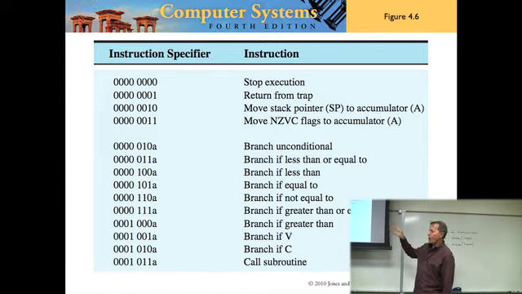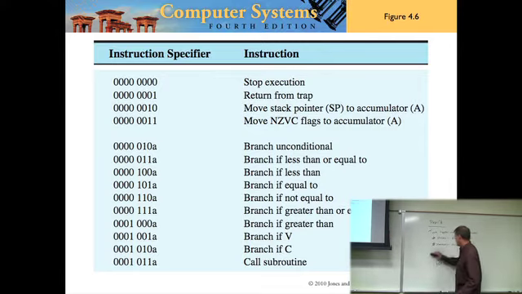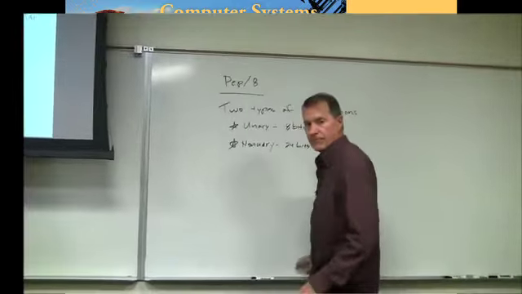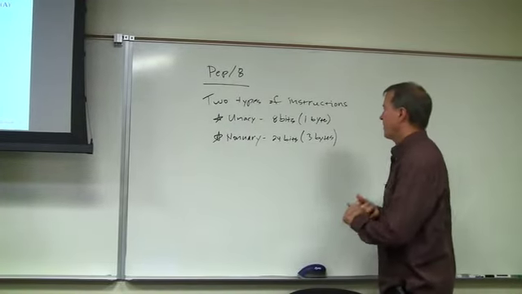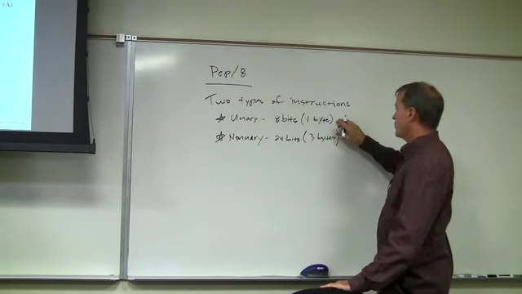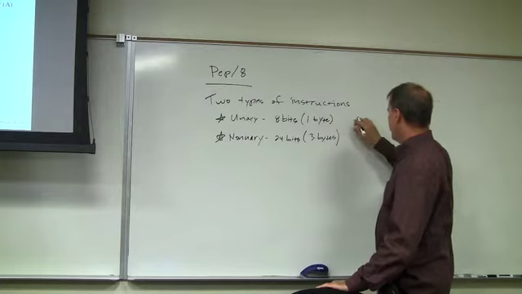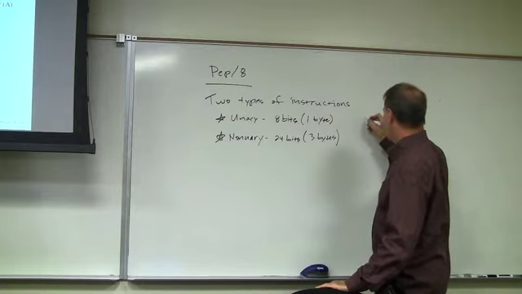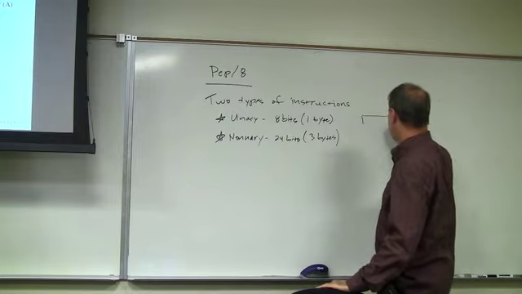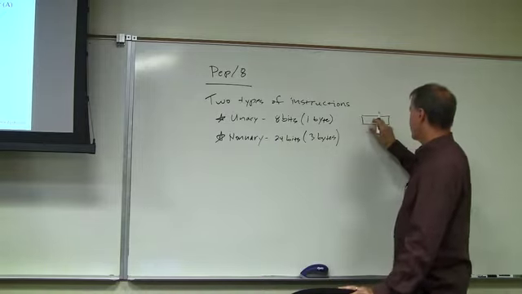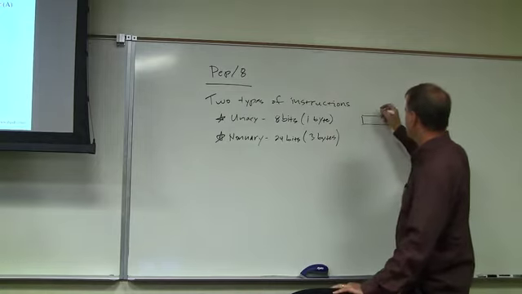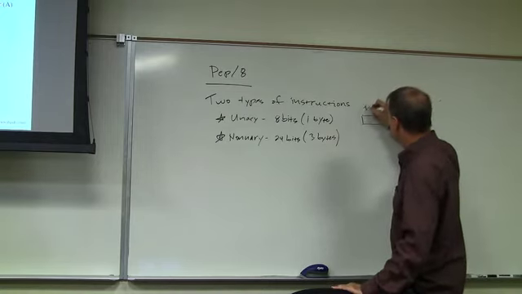Each instruction always has, let's go back to here. A unary instruction has just this first byte, which is called the instruction specifier.